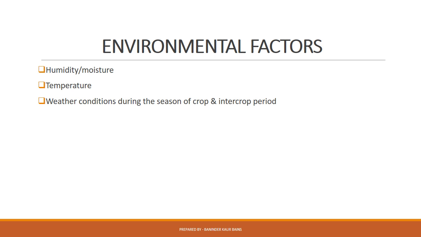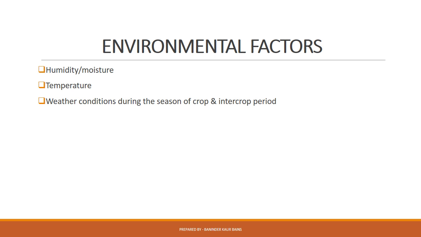Also other factors like light intensity will also affect, wind velocity will also affect, means these can cause the spread of the disease. And the last one is weather conditions during the season of crop and intercrop periods. The season of crop means the time for which our crop is in the field.